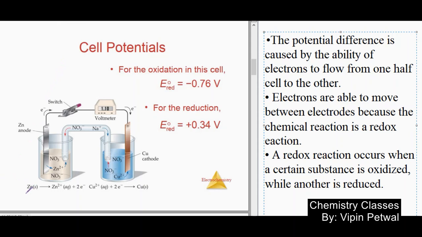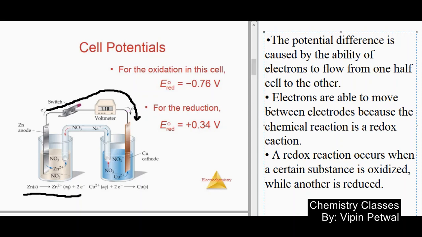As you can see, this zinc is undergoing oxidation, so definitely it will provide electrons, and these electrons are moving from one half cell to the other half cell, and this ability of movement of electrons causes the potential difference.